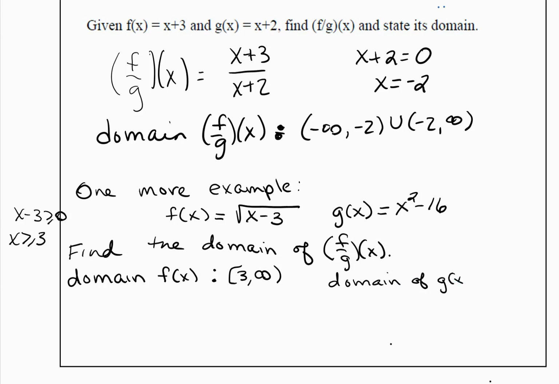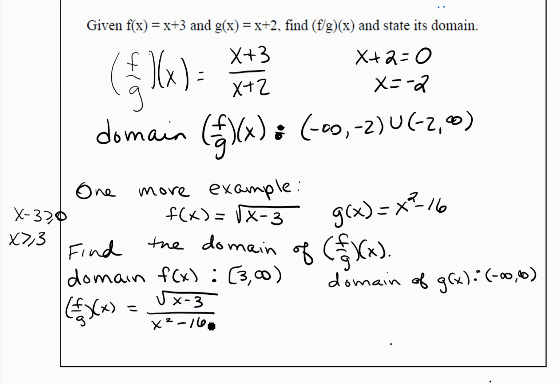Now, g of x is a polynomial, so the domain of g of x is negative infinity to infinity. Well, we're looking for f divided by g of x. That would be the square root of x minus 3 over x squared minus 16. And we need to be careful about anything that would make the denominator 0.